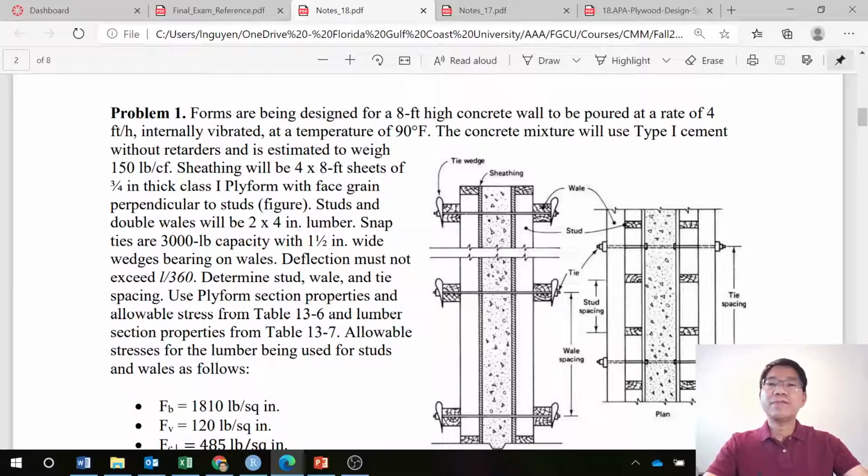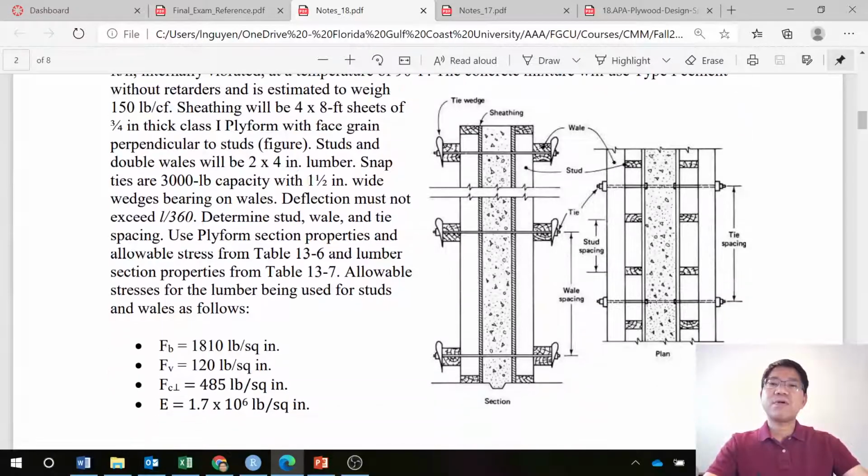Sheathing will be 4 by 8 feet sheets of 3/4 inch thick plyform, class 1, 1 ply, with face grain perpendicular to studs, as shown here. Studs and double wales will be 2 by 4 inch lumber.